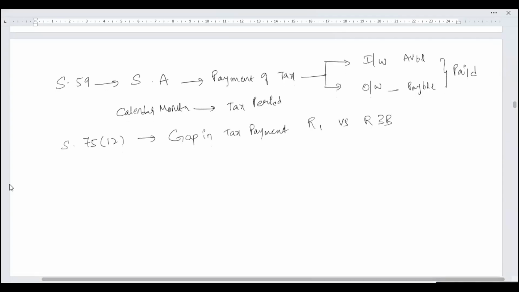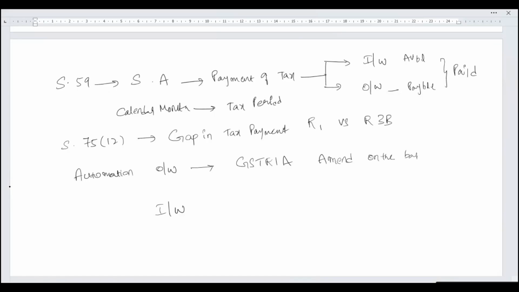From here, we have understood the automation which the government has brought in with respect to your outward supply, with respect to your inward supply. Now, when there is the automation, the data was frozen. We have understood what is GSTR 1A with respect to amending the tax liability, which is auto-populated on the basis of GSTR 1.